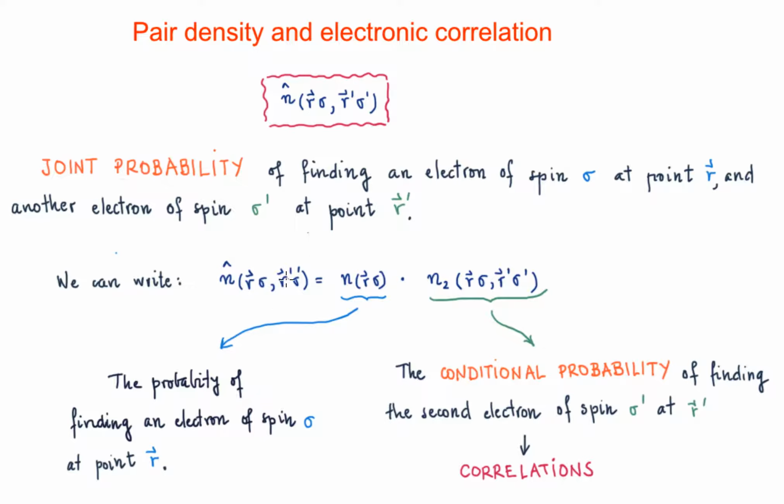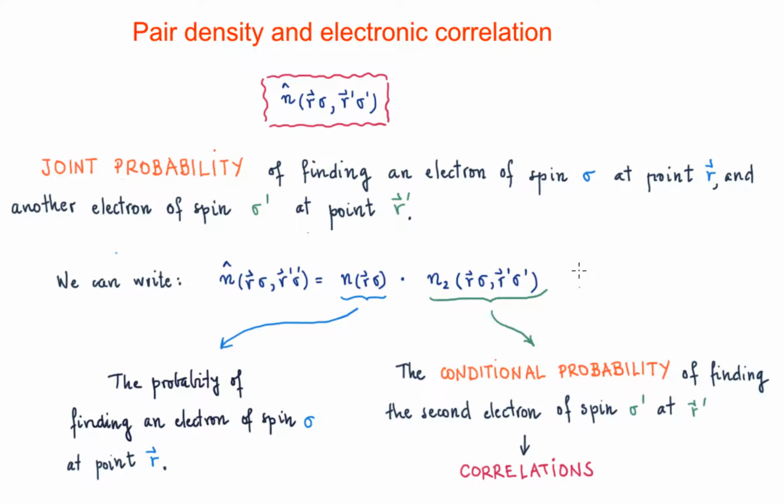We can see that the pair density could be considered as, first, the probability of finding an electron of spin sigma at point R, and this is quite straightforward, this is just the spin density, times the conditional probability of finding the second electron of spin sigma prime at position R prime once we have found an electron of sigma spin state at point R.